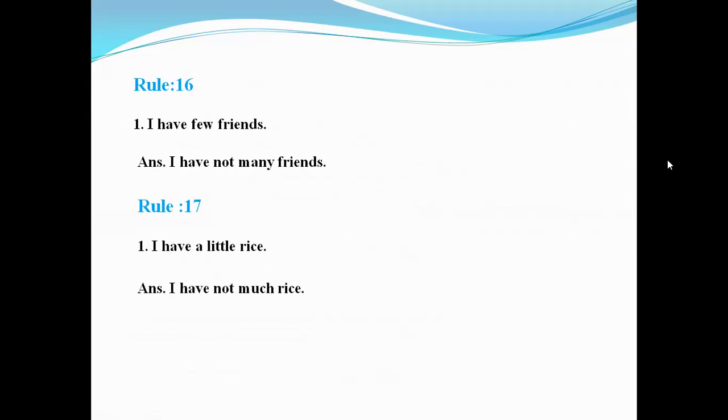So the answer will be: I have not much rice. Rule 18. He has much money, and money is also an uncountable noun, so use "a little" instead of "much" and "not" before it. So the answer will be: he has not a little money.